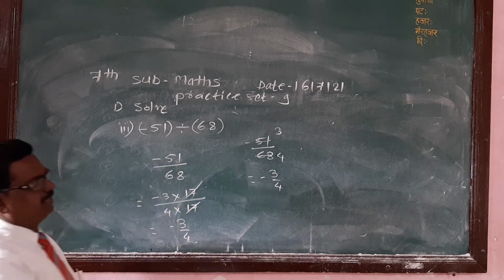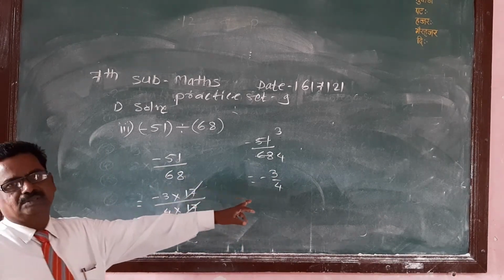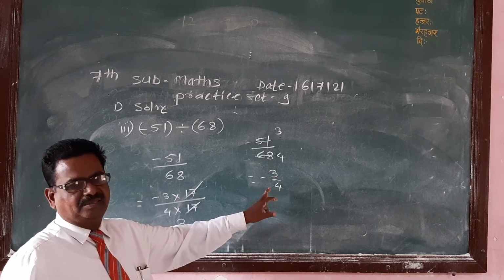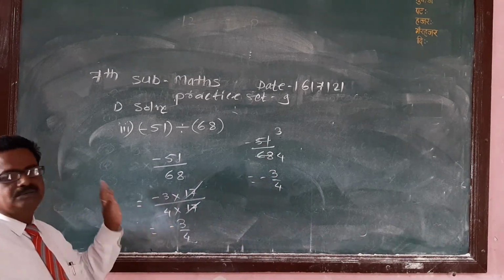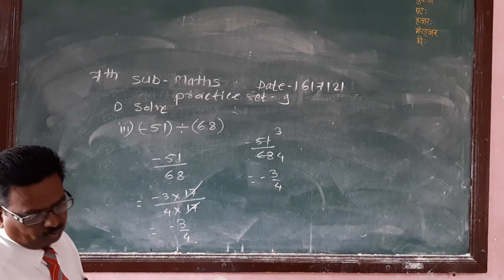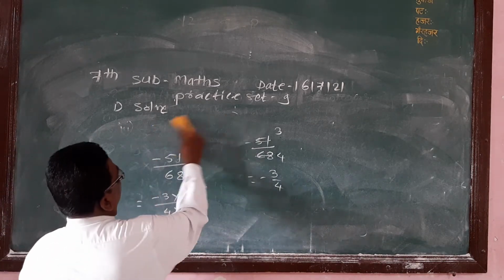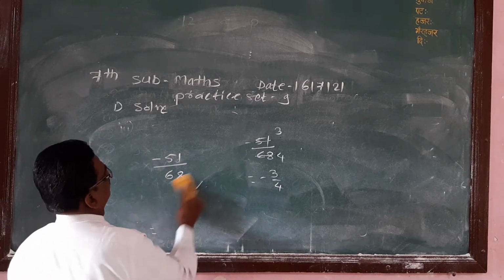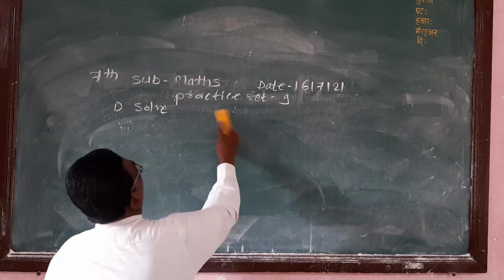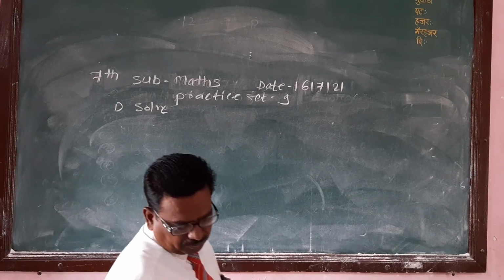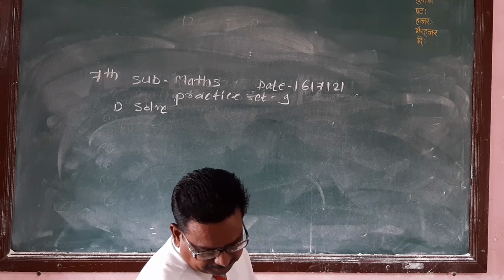Minus 3 upon 4. This is the direct method, or in this way by division of the number. Then come to the next.